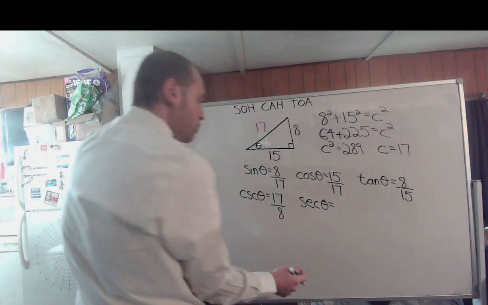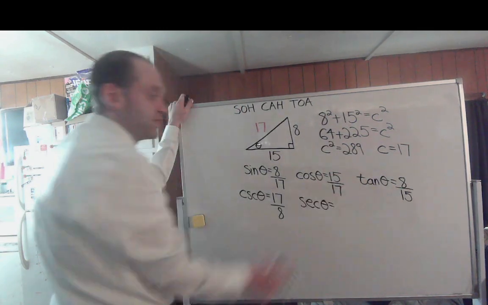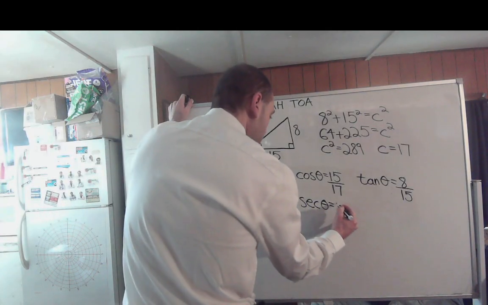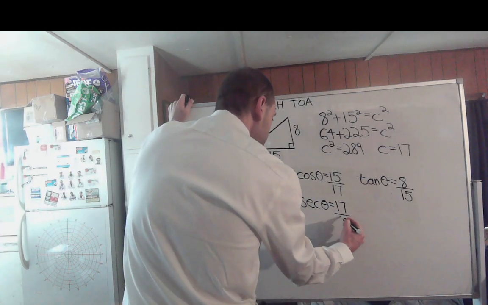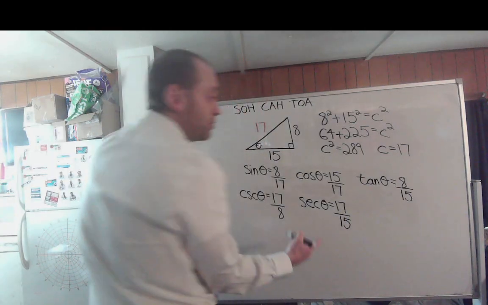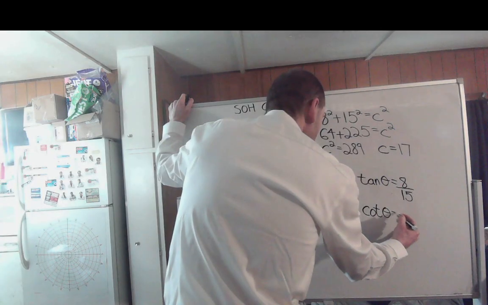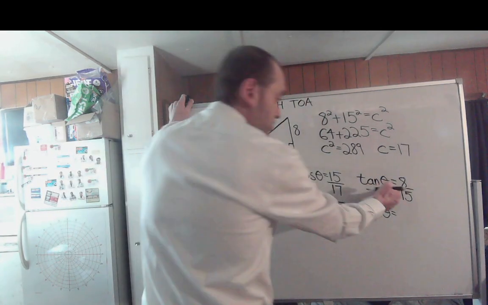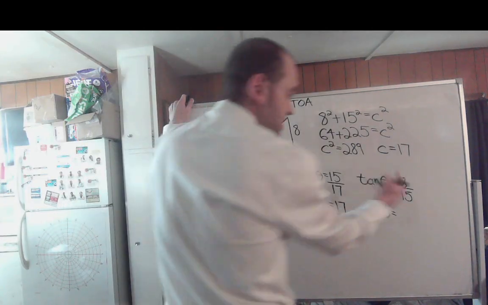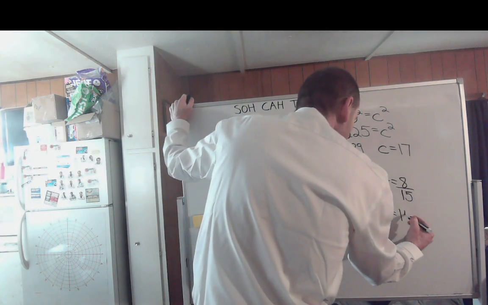That's going to, of course, be the reciprocal of 15/17, which would end up being 17/15. And then we can find the cotangent of theta. Well, that's going to be the reciprocal of tangent, so the reciprocal of 8/15 is 15/8.